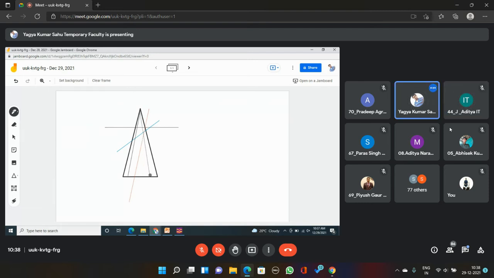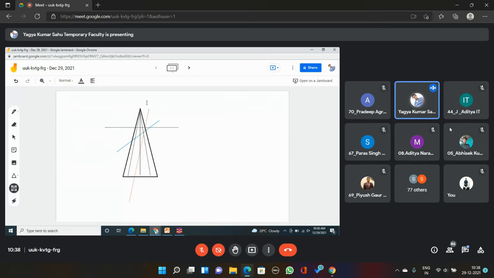Any of the generators, either end generators or these intermediate generators which I am drawing. What is the meaning of generator? It is a line joining the apex to any point on the circumference of the base circle.